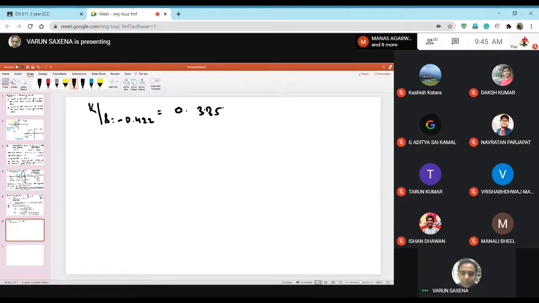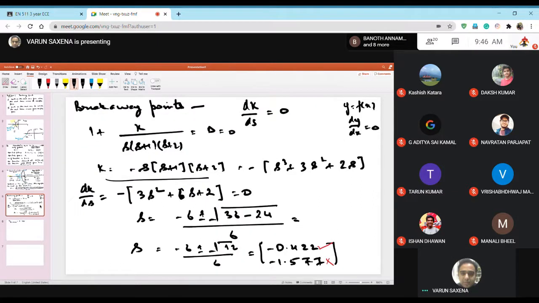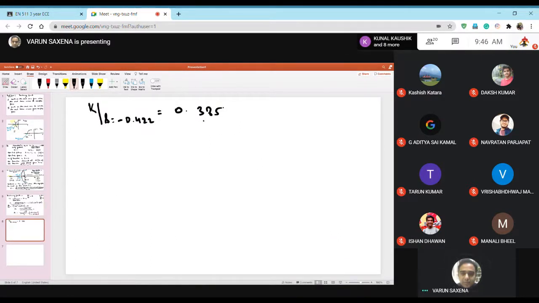Okay, so we are only going to be interested in this, and see, for any value of s greater than 0, that means s is a positive quantity, this is going to be a positive number, this is going to be a positive number, this is going to be a positive number. So eventually you'll get a large negative value of k. So it will be obviously less than this value.